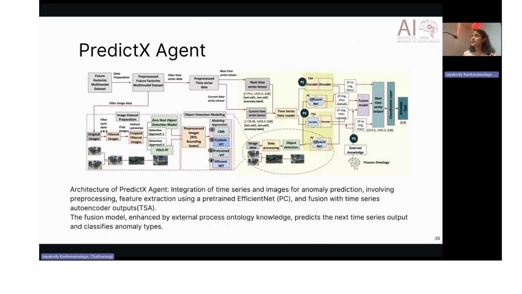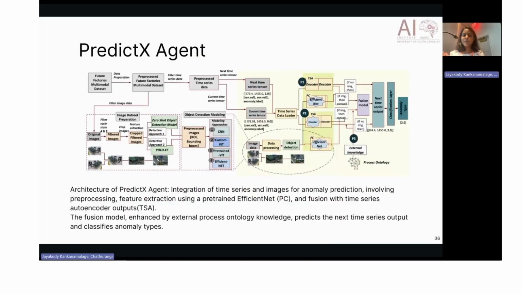So what are the technical components that we use? We employ something called a decision level fusion approach. We have two modalities, so it is multimodal, and we need two different classifiers or algorithms to process these two modalities. For time series, we used an autoencoder based approach, and for images, we used a pre-trained EfficientNet architecture.